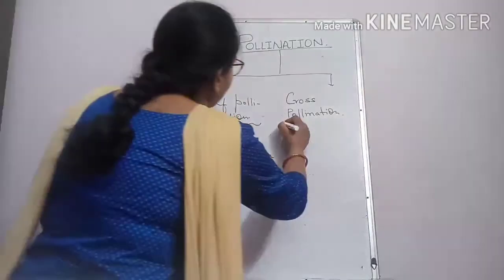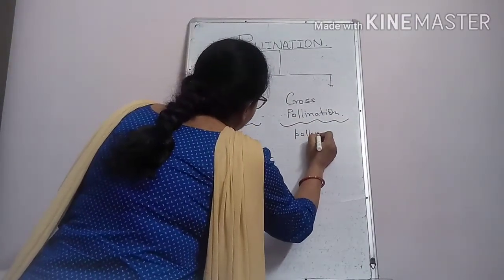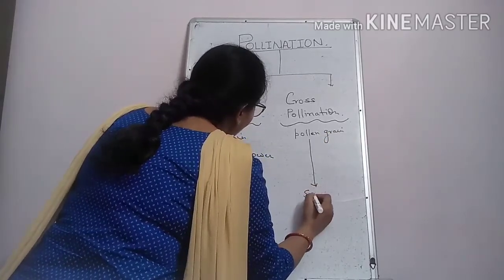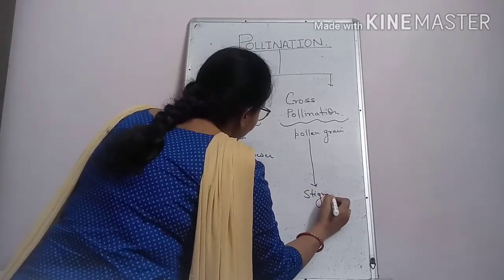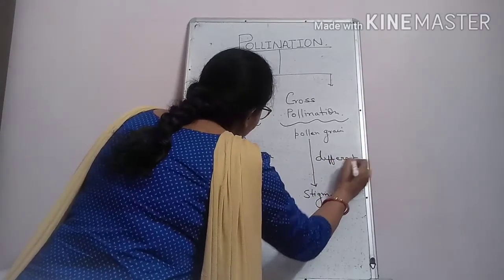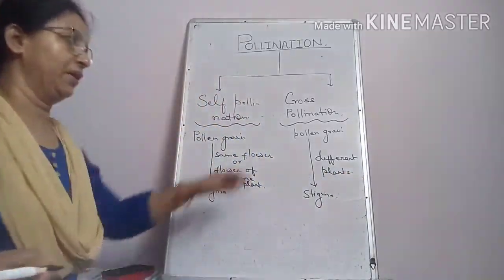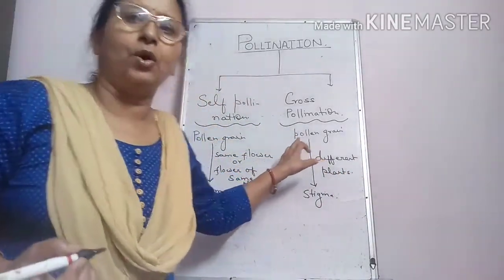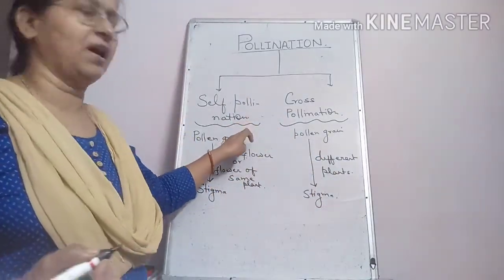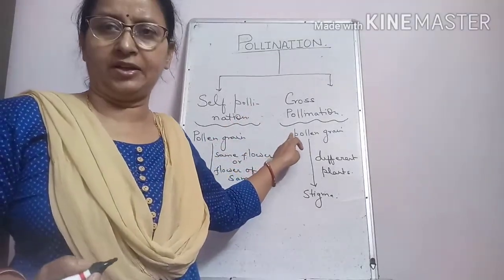But in cross-pollination, pollen grains are transferred to stigma of different plants. That means here it must be different. The flower must grow on another plant. After that, if pollination occurs, then it is called cross-pollination.